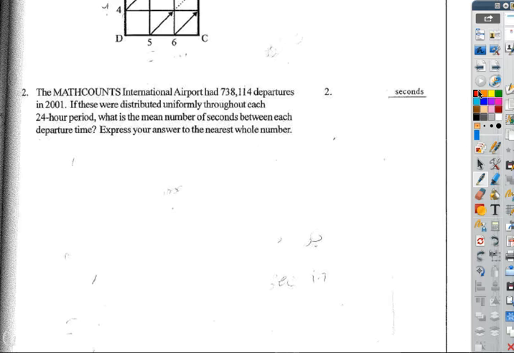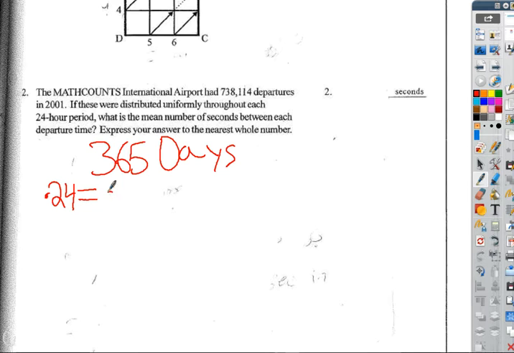So first we know that in 2001, it is not a leap year, so there's 365 days. And we have to get this down to seconds, so we multiply this by 24, because there's 24 hours in a day, to get 8,760 hours.